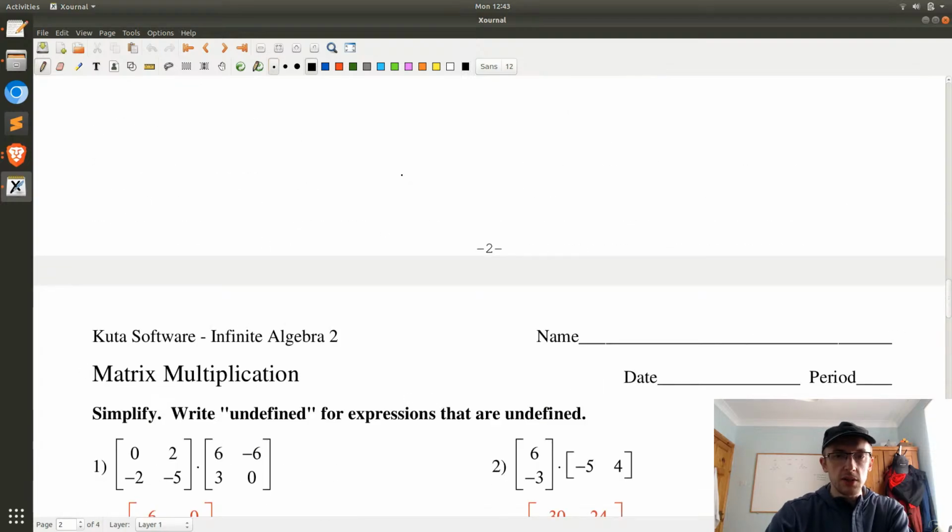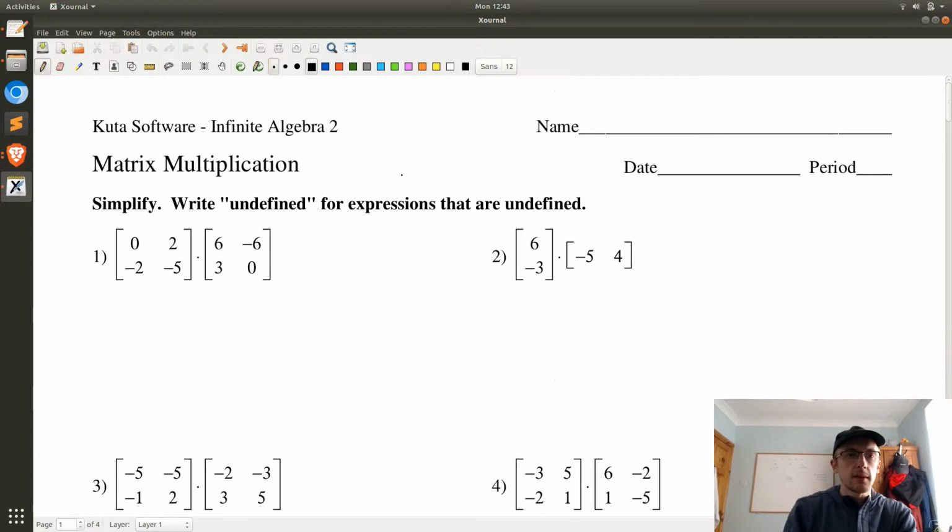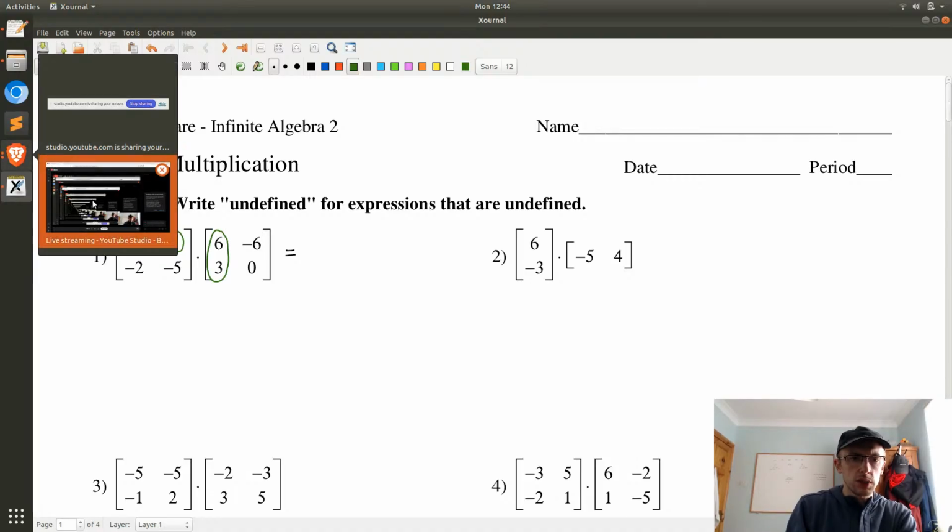And we'll do some matrix multiplication. Why not? Nice and relaxing. Great. So, how to matrix multiply? Wait, is this sharing my screen?